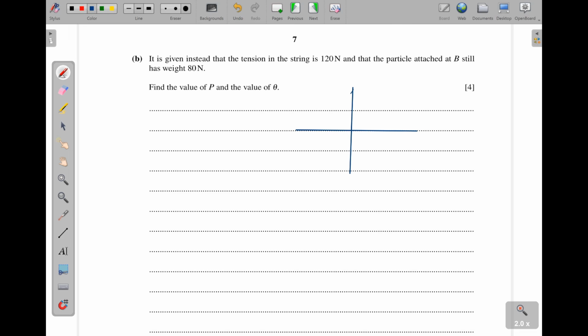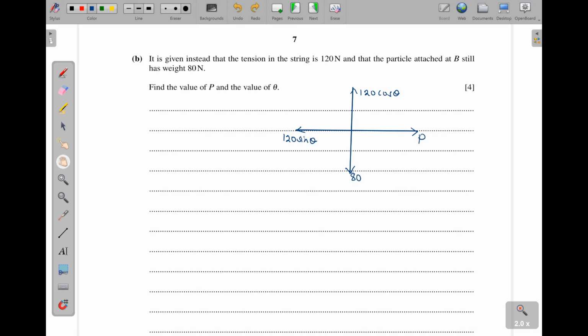So we are going to have 120 cosine of theta, then we have 80 down here. Then this way we have P, and this way we have 120 sine of theta, because the tension was given as 120.